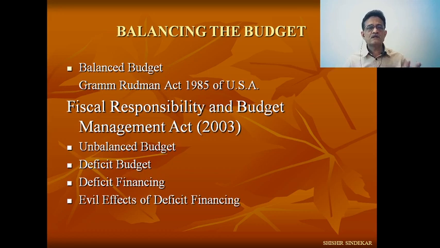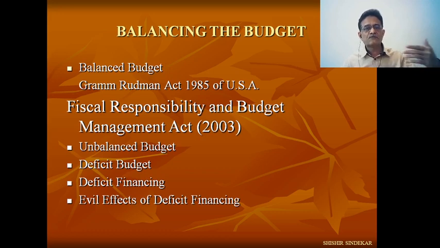In the USA, in the year 1985, Gramm and Rudman, these two economists or government officials, proposed an act, and the act provides a guideline that the US government must maintain a balance between income and expenditure.